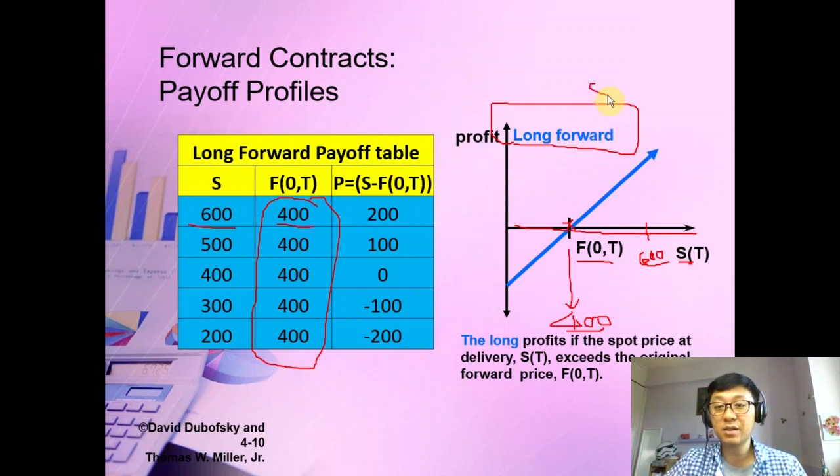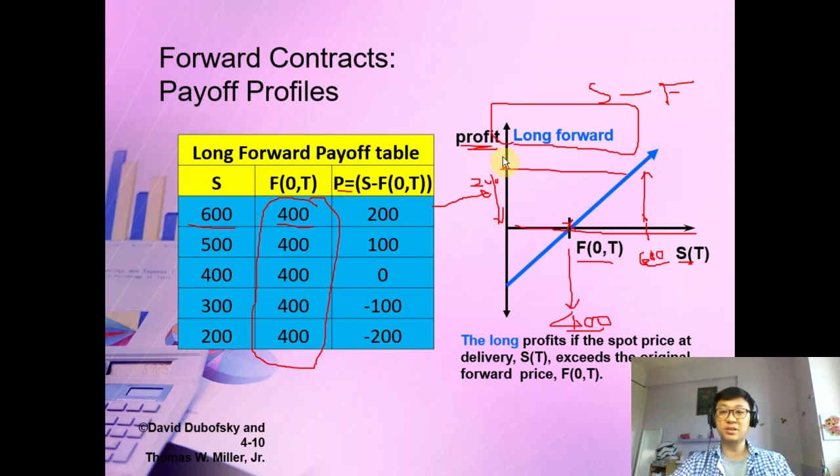It's spot price minus forward price. So 600 minus 400 gives you the difference of 200. So here will be the 200. That 200 is the payoff, the profit, since 600 minus 400 is positive 200.